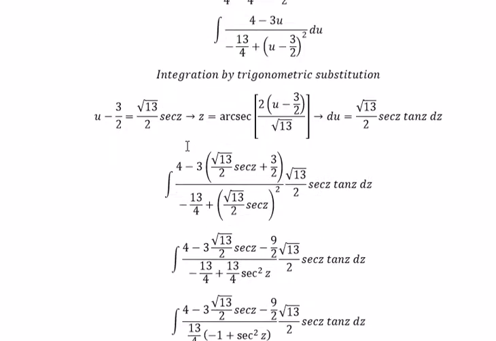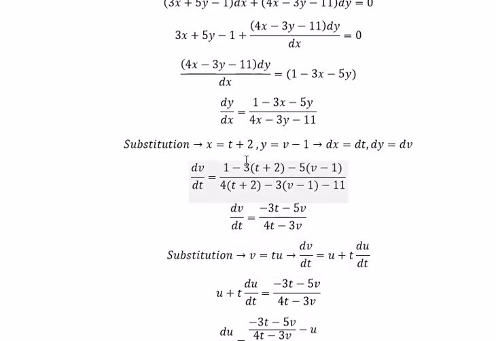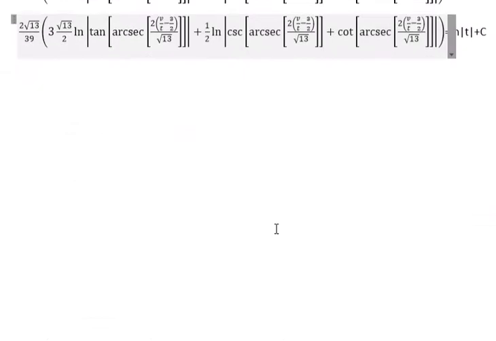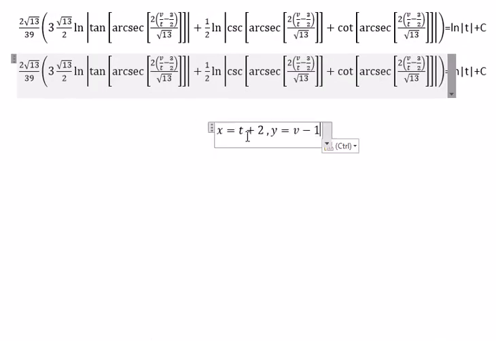V and t. That's this one. So we change t equal to s minus 2 and v, that should be y plus 1.